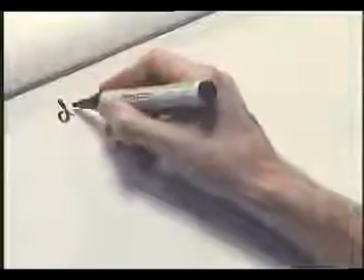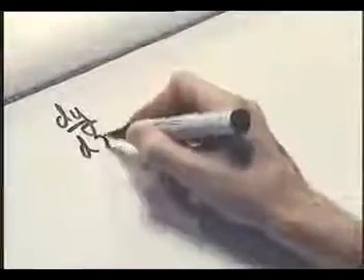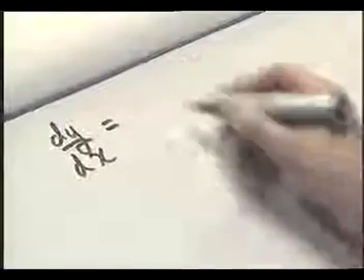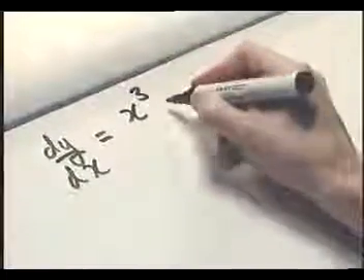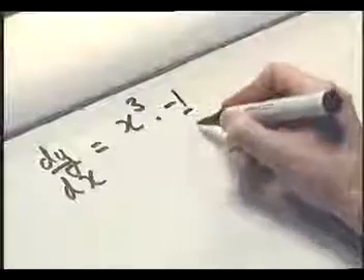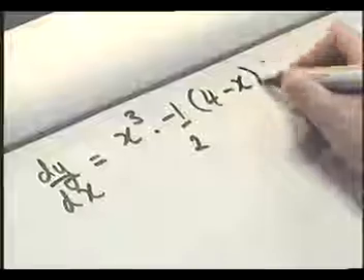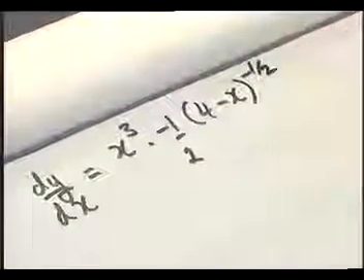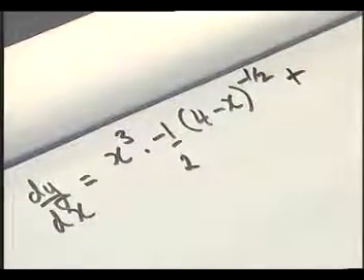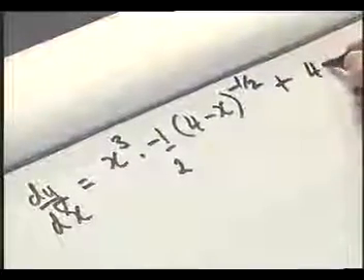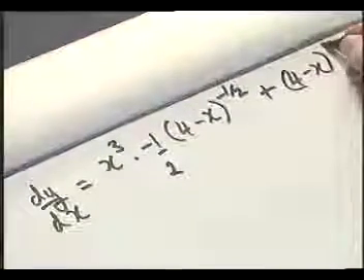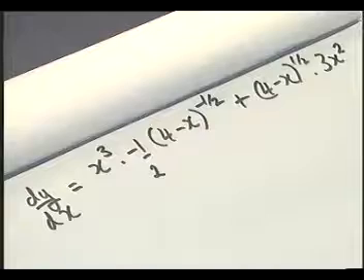So, dy by dx is equal to x cubed times minus a half, 4 minus x to the minus a half, plus, now we have v, which was 4 minus x to the half, times du by dx, which was 3x squared. And we want to put all this together.